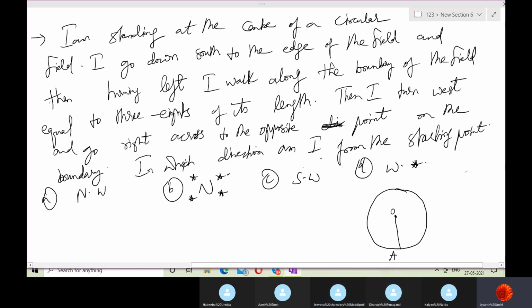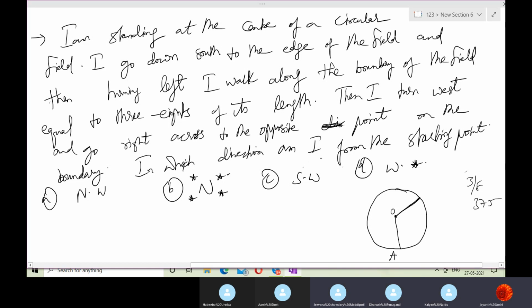I go down south to the edge of the field and then turn left. I walk along the boundary of the field equal to 3/8 of the length. 3/8 is nothing but 37.5% of this area I should cover. So can I take myself here?